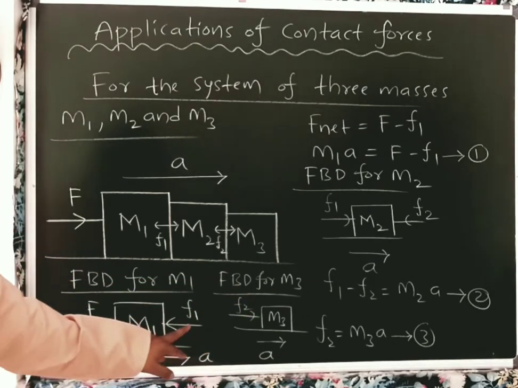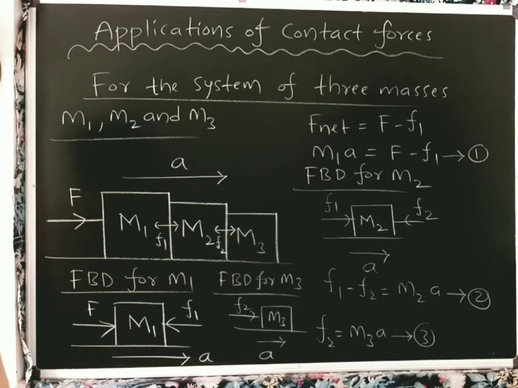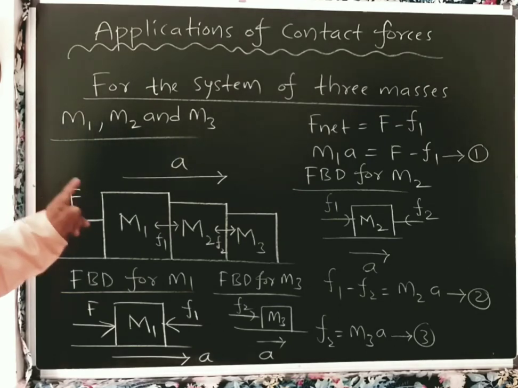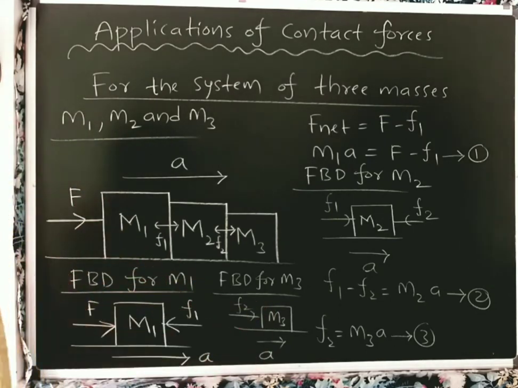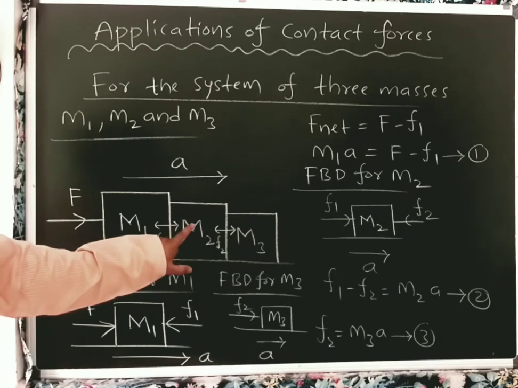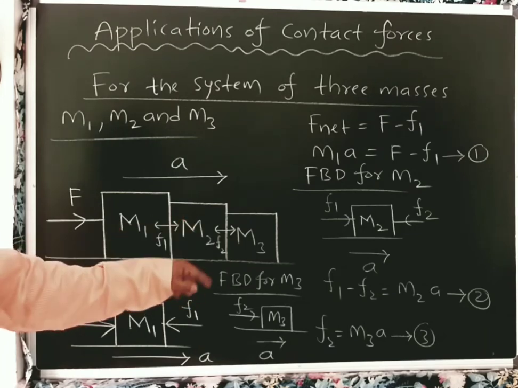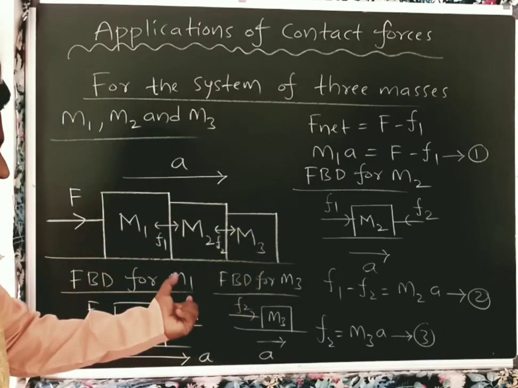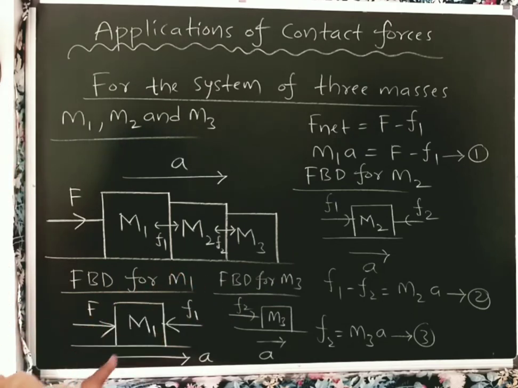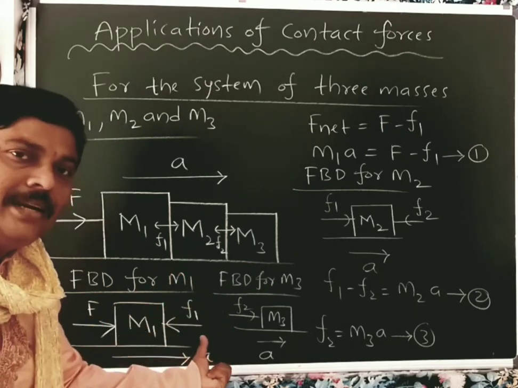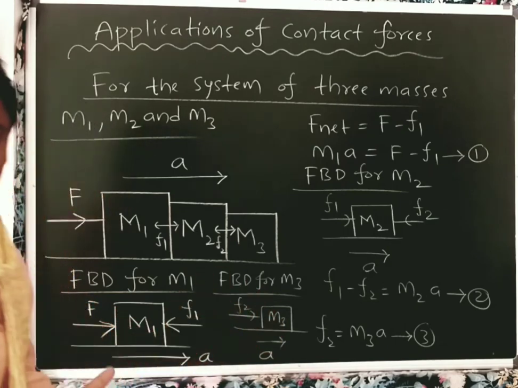Next, the third mass, M3. We have to consider the free body diagram for mass M3. According to the diagram, the applied force F does not directly act on mass M3, only the contact force exerted by mass M2 on M3. So mass M3 accelerates along the positive x-axis.